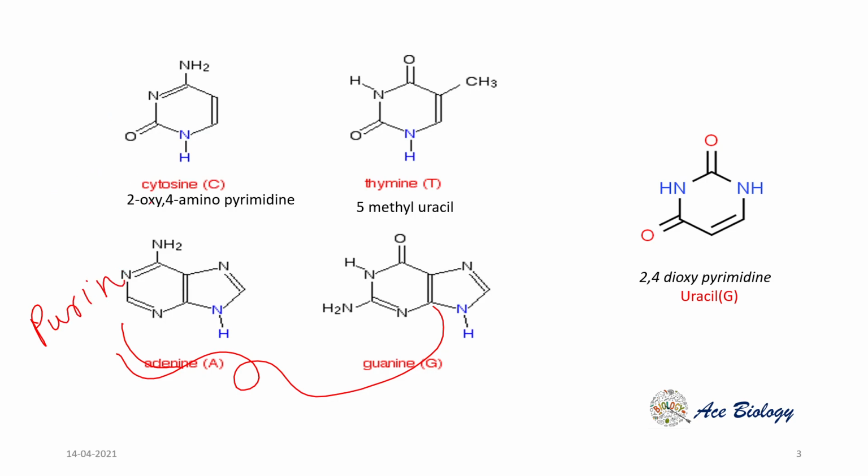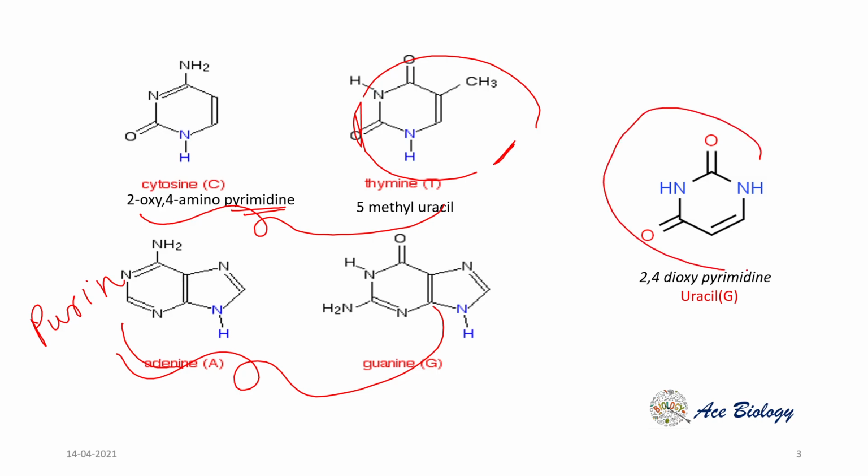And thymine and cytosine as well as uracil come under pyrimidines. In the RNA molecule, thymine is replaced by uracil. So these are the two differences existing between a DNA molecule and an RNA molecule.